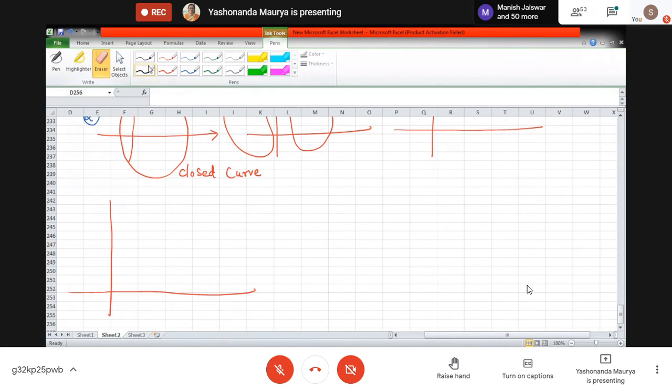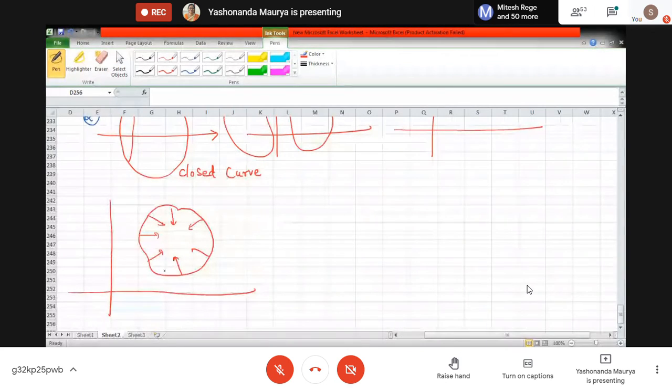If my curve is like this, now check out over here. If I try to compress this curve, if I try to push it inside, I can push this. Wait. Okay, before this, one more thing.